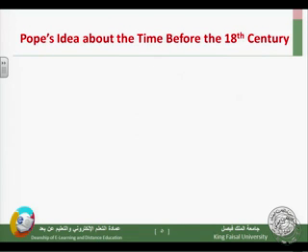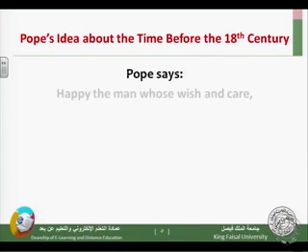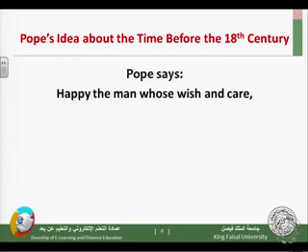All this was characterized by stagnation, and that is why Alexander Pope, the famous British poet, has these fine lines about the 18th century. What does he say? Look at this. It's a very nice poem from which I have taken these lines.